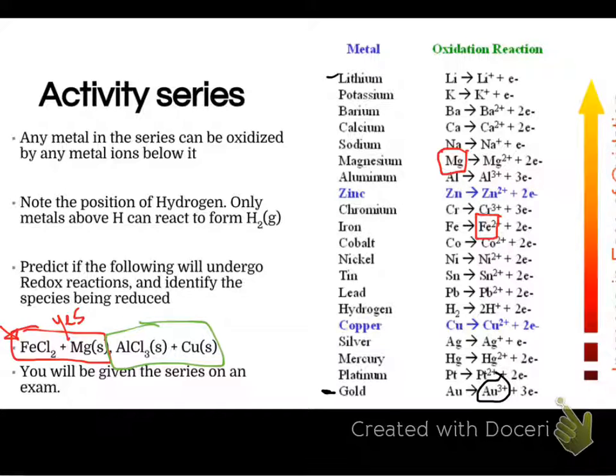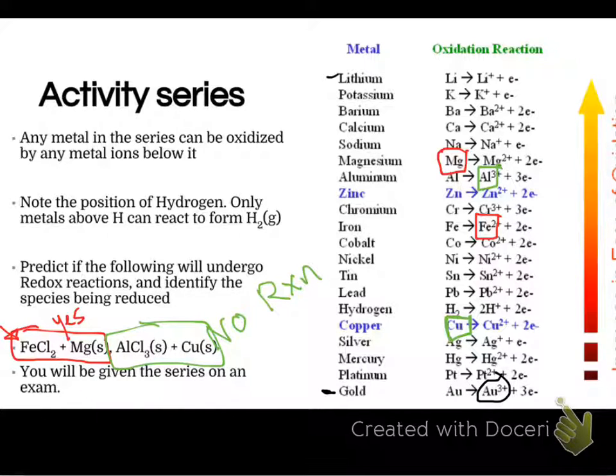Aluminum chloride is the ion, so that's Al3 plus, and copper is the metal, which is in blue right here. The ion is above the element, so no reaction occurs. Nothing happens. Just by having this one chart, we can tell whether any combination of single displacement reactions is going to occur or not.